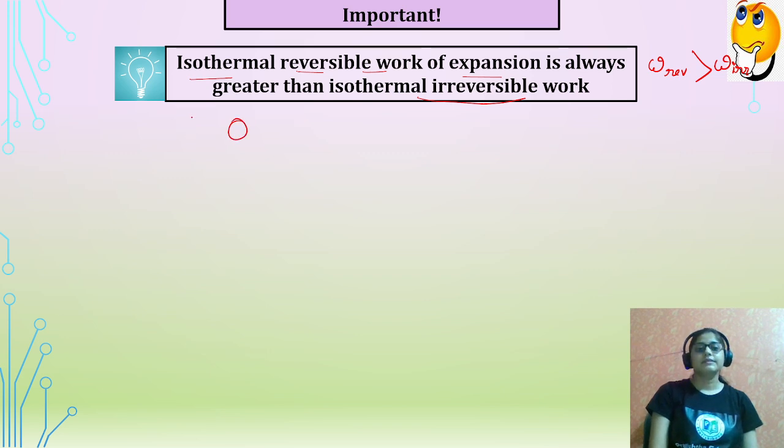Let's say the pressure is P2 and the volume is V1, and now we are giving the conditions that it will go through the isothermal reversible process, and then the isothermal irreversible.